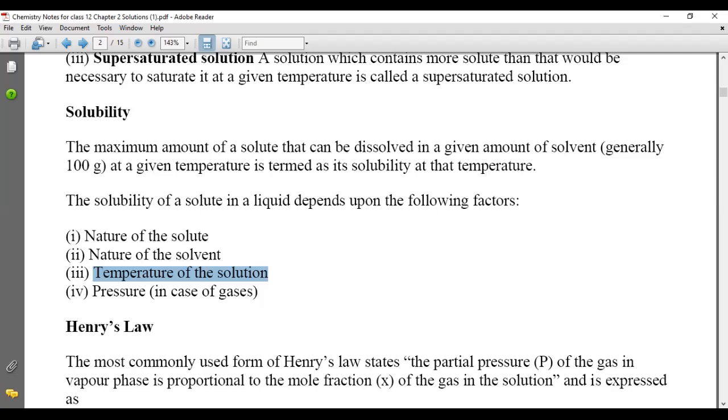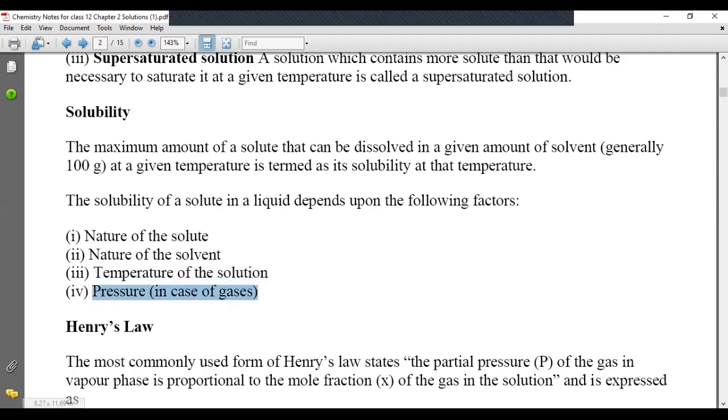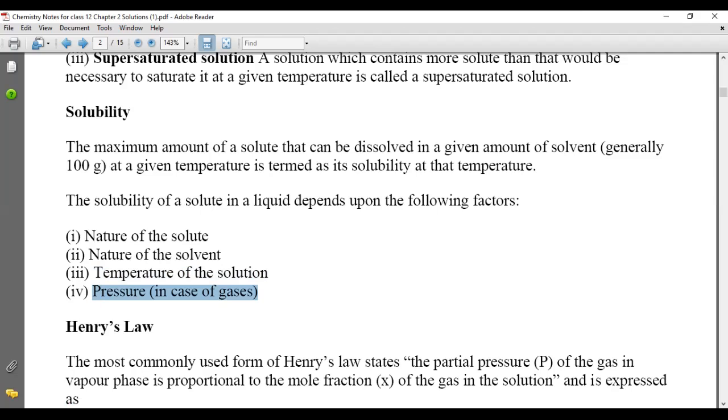The next factor is pressure. Dear students, you know that pressure has no effect at all in the solubility of solids in liquids. It is because solids and liquids are highly incompressible and practically remain unaffected by change in pressure.